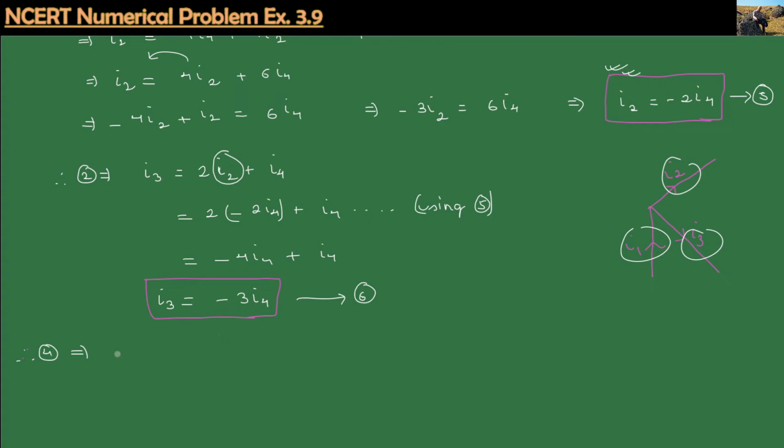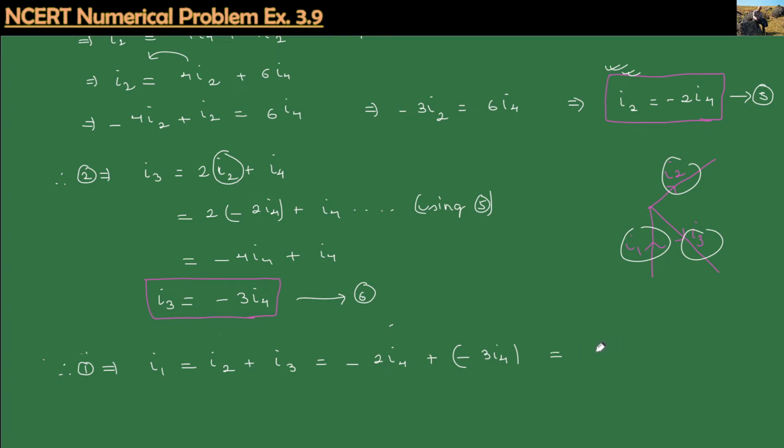So first let us find the value of i1 from equation 1. Equation 1 implies i1 will be equal to i2 plus i3. The value of i2 is minus 2i4, and the value of i3 is minus 3i4.